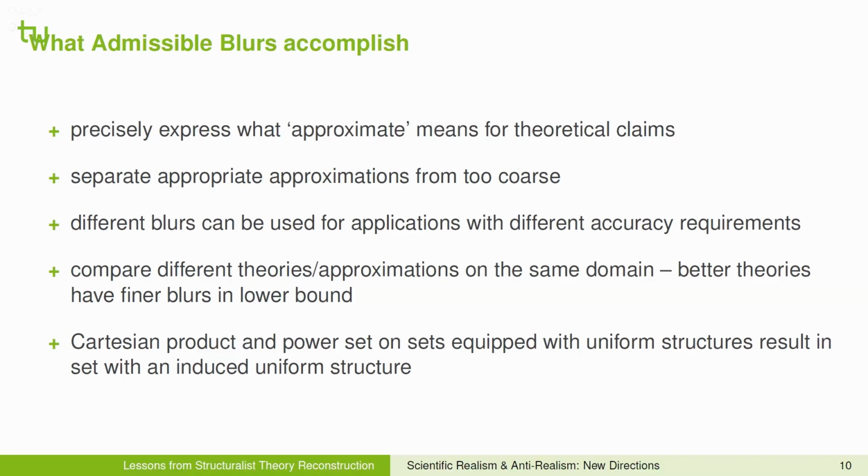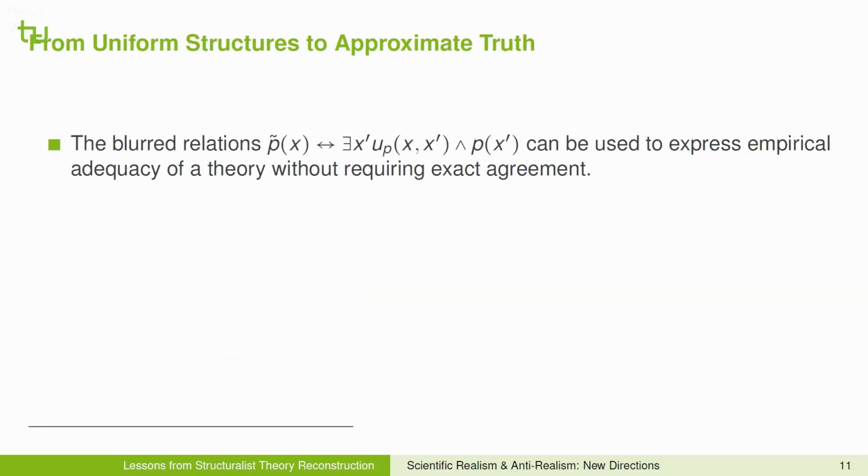So we don't have to define a new uniform structure for every theoretical term if we already have uniform structures on our base sets. They get induced on the other terms, which makes it easier.